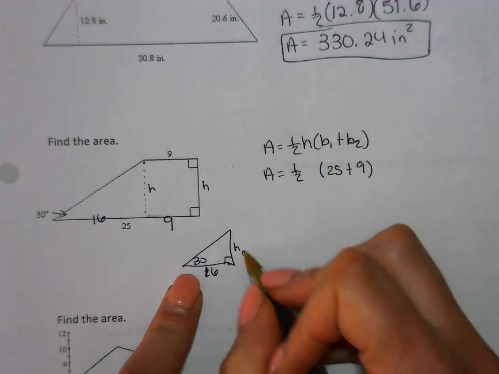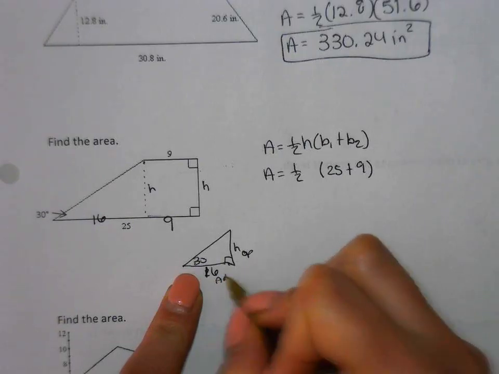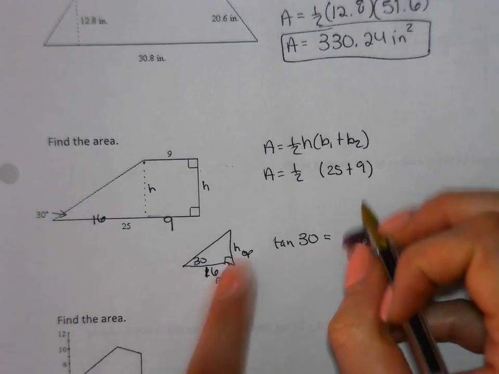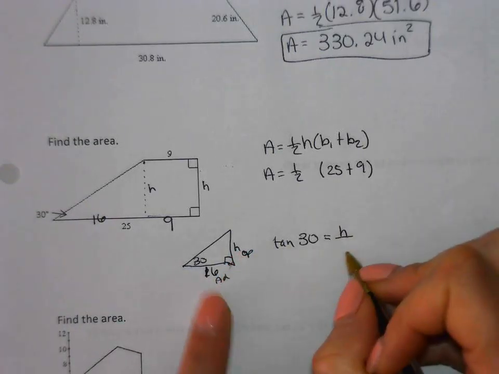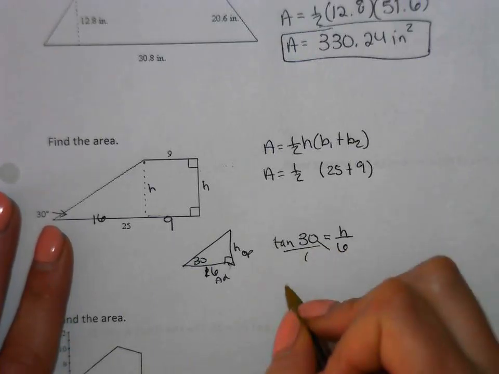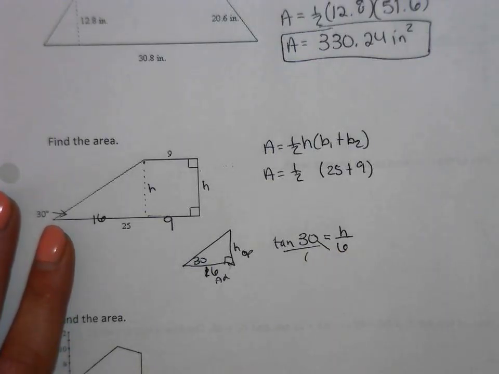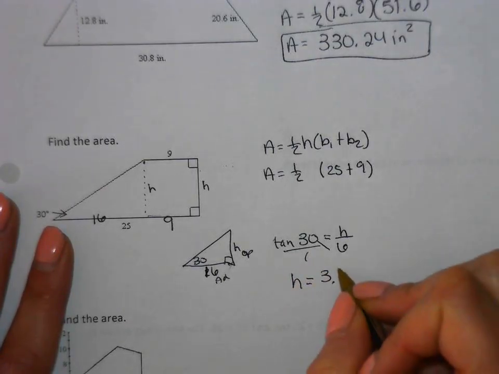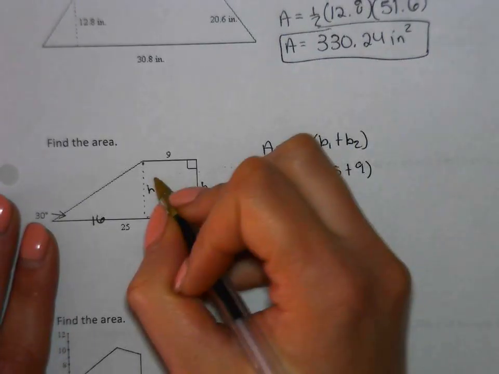So here we can use the tangent of 30 degrees equals the opposite divided by the adjacent. So here we can multiply, so the tangent of 30 times 6, our height, equals 3 46/100.